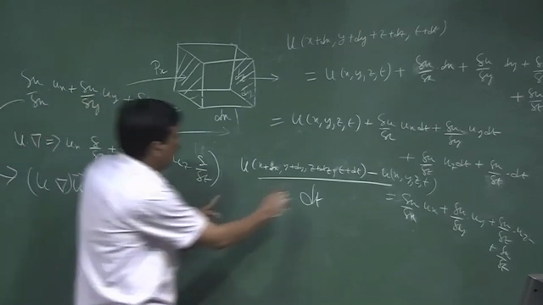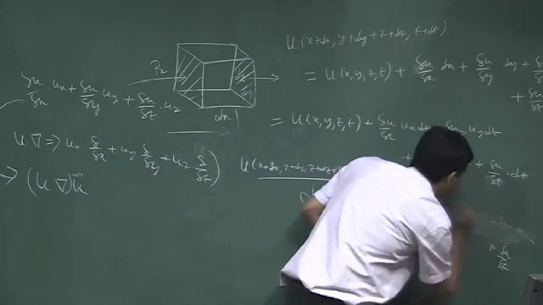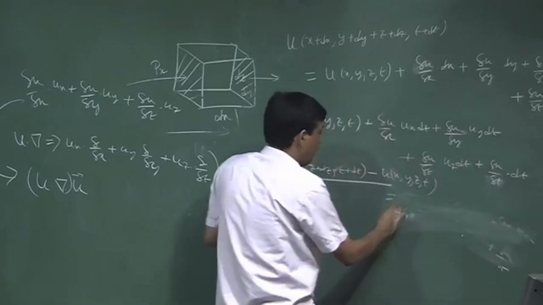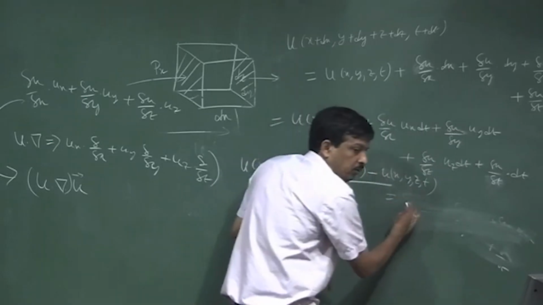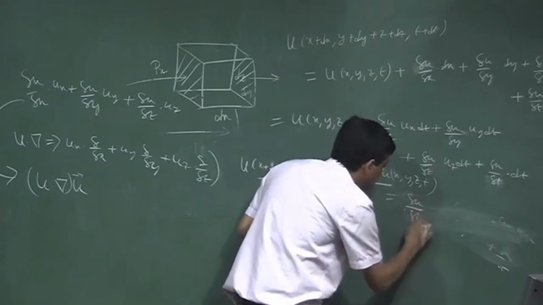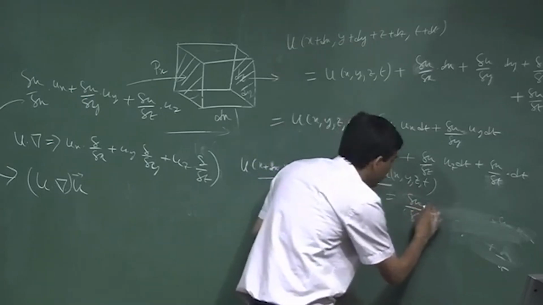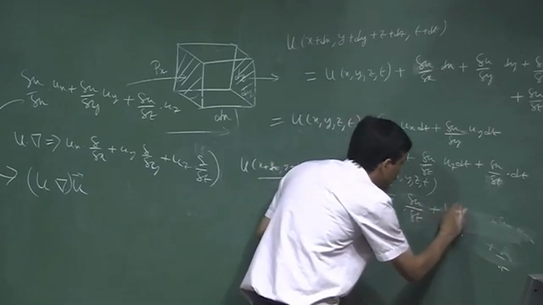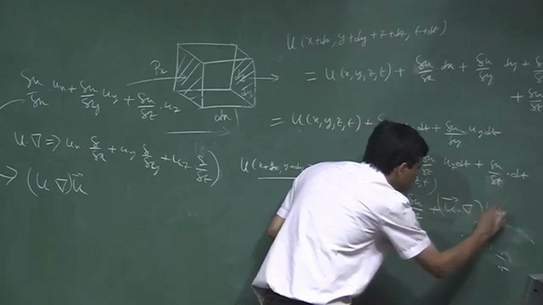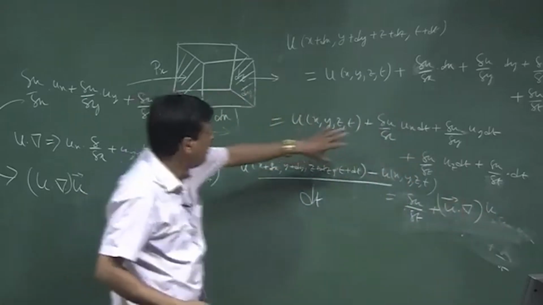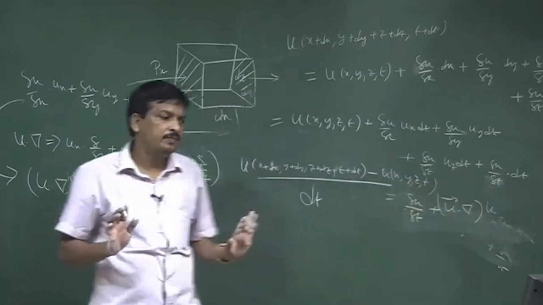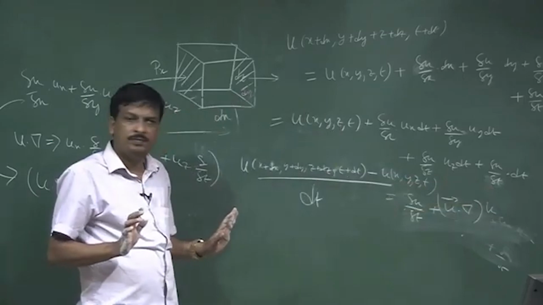Now, one term will be there, which is del u by del t, plus u dot divergence of u. You just change this term, and the du/dt term will be there.